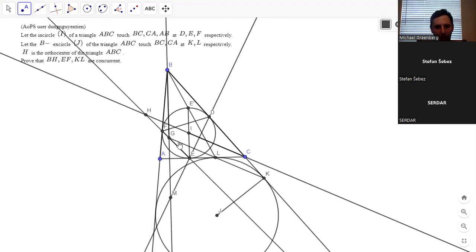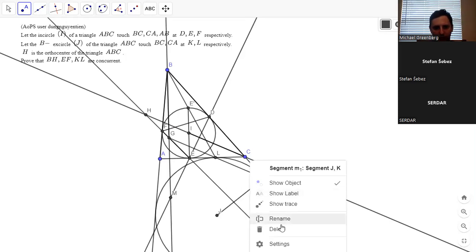So we know this perpendicular. Well, it depends how we define things. How do you define G? I define G as BL2 that intersects EF and ED. Okay. So you can delete the segment GK.